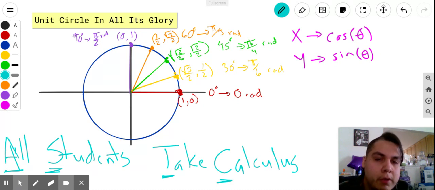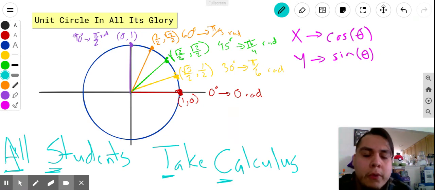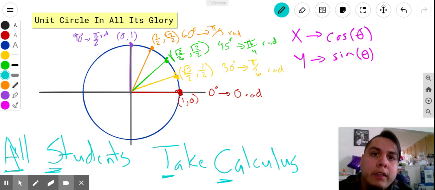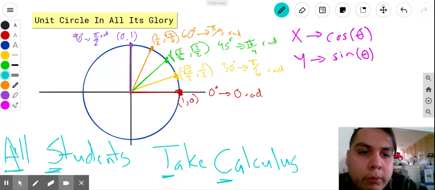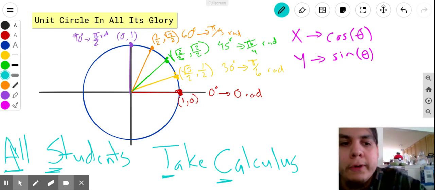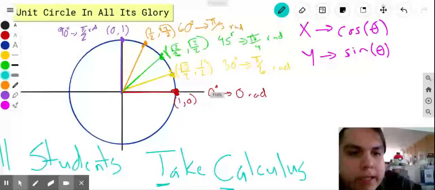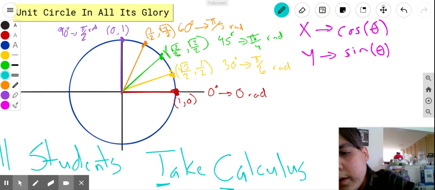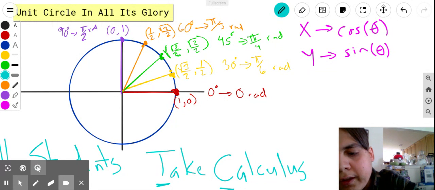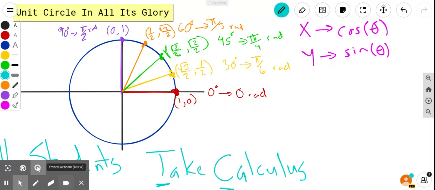And we'll talk about how to get the tangent right now because we're going to use that in a little bit. All right. So if you know the sine and the cosine, you can use that to get the tangent. And let me show you how. So let's say that we were trying to figure out the tangent of, what's a good angle?